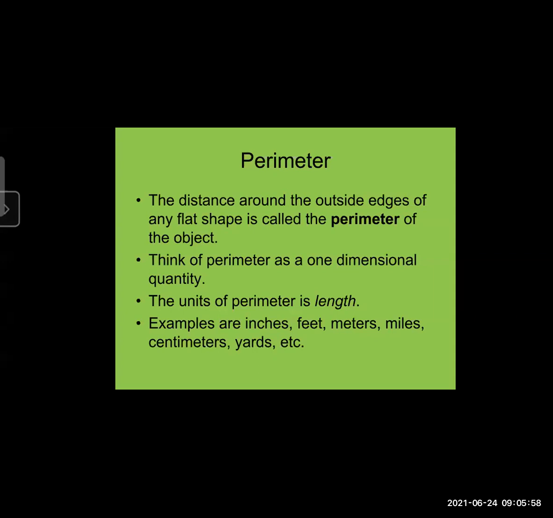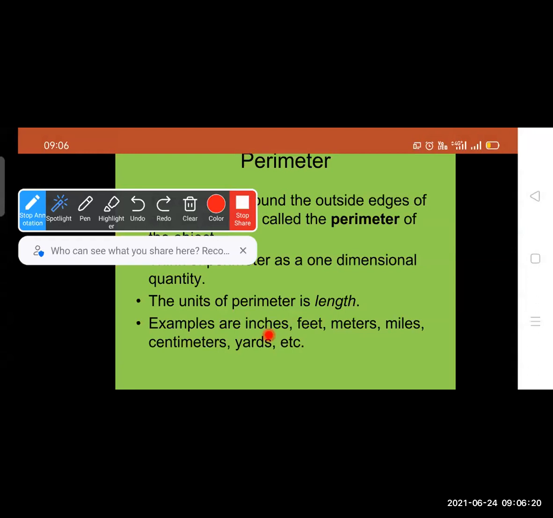Think of perimeter as a one-dimensional quantity. Dimension means it has some values, and the unit of perimeter is length. For example, if you measure the room, you consider its length, and its unit is meter, centimeter, kilometer, like that.